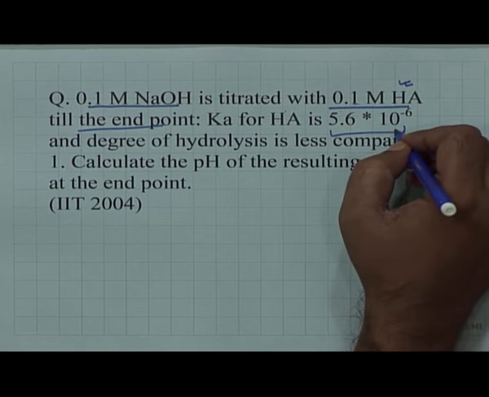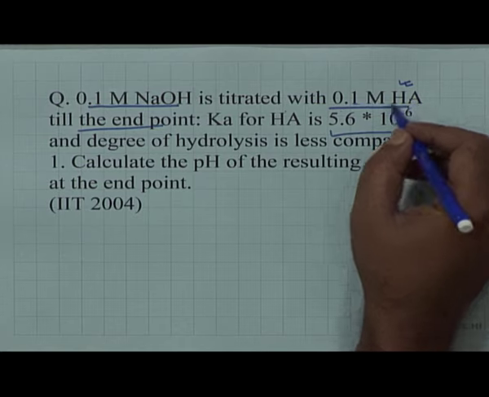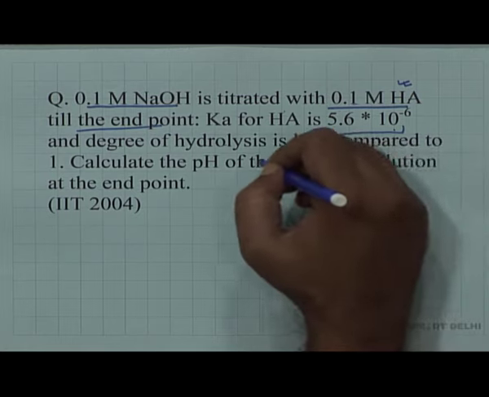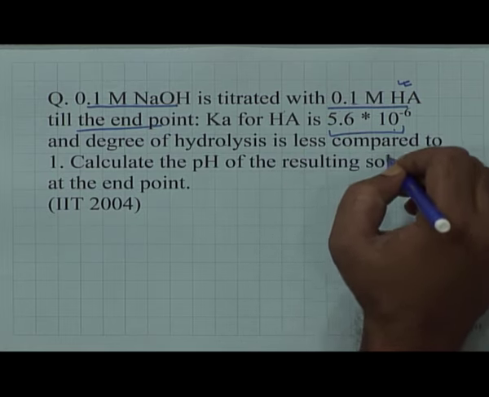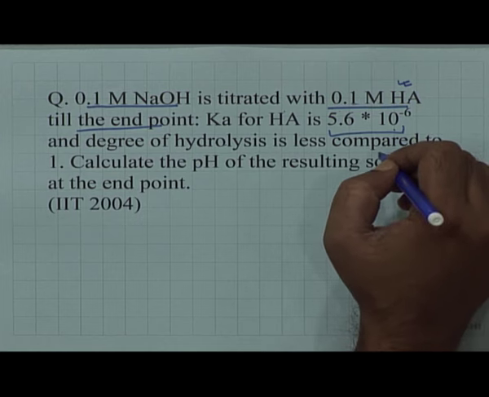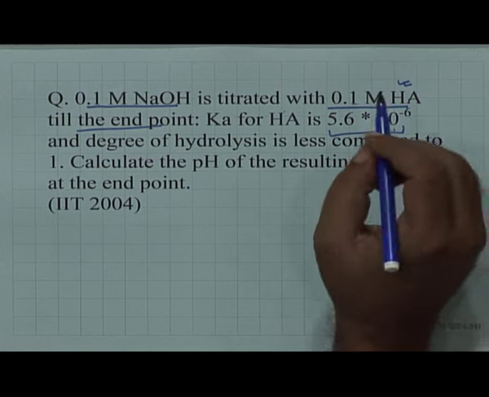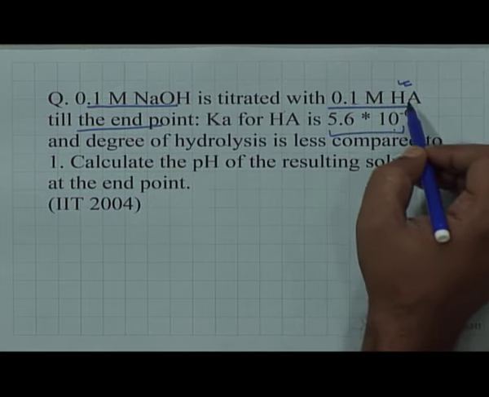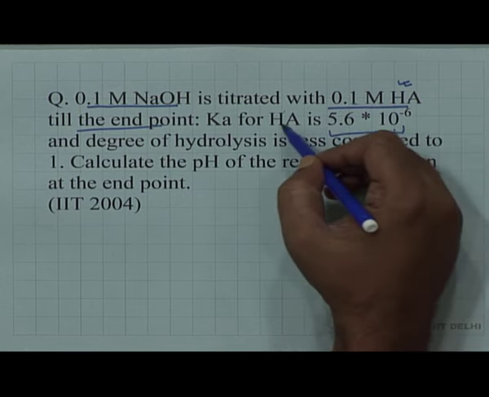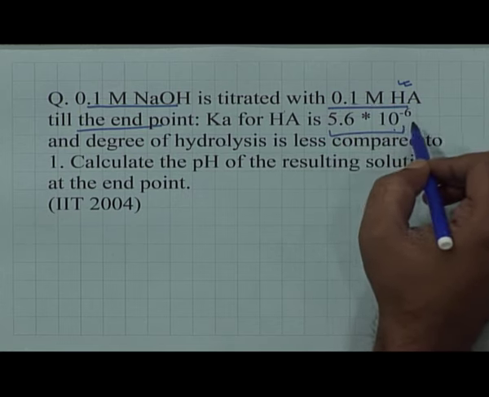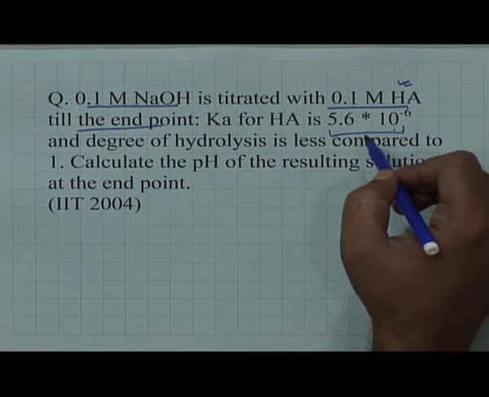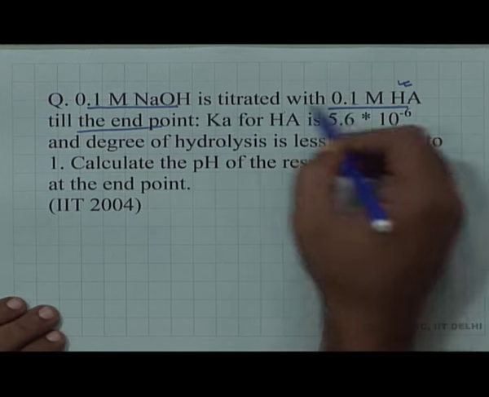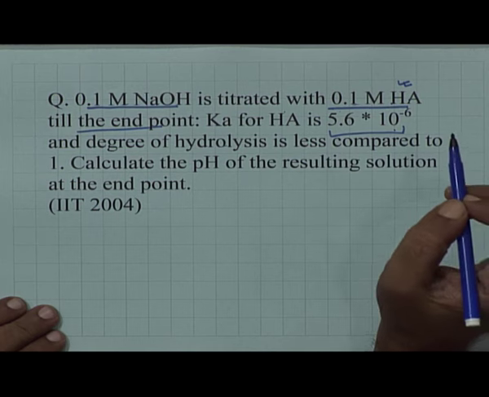It means that your HA is a weak acid, degree of hydrolysis is very less compared to 1, and we have to calculate the pH of the resulting solution at the end point.